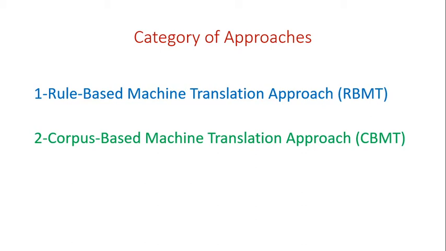If you read this topic, categories of approaches, you will find that different people use different epistemological foundations for the categorization of these approaches. So don't be confused. I think we should stick to these two main categories, along with their, of course, subcategories that will be discussed subsequently.